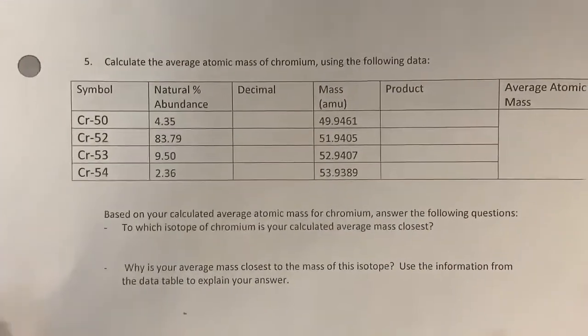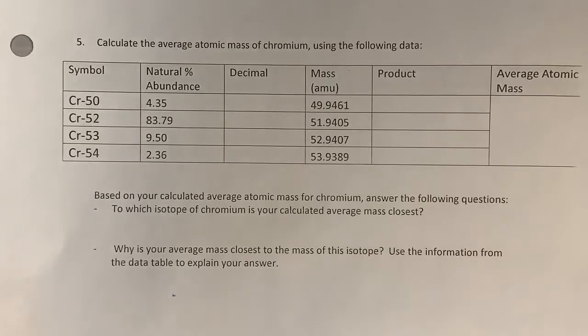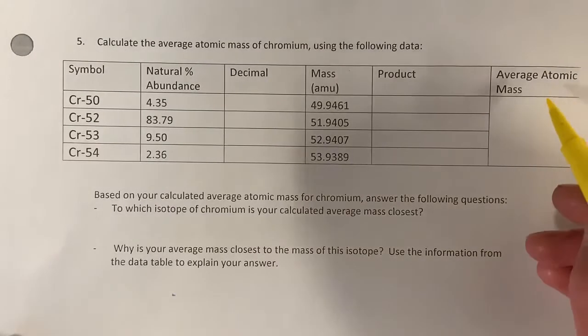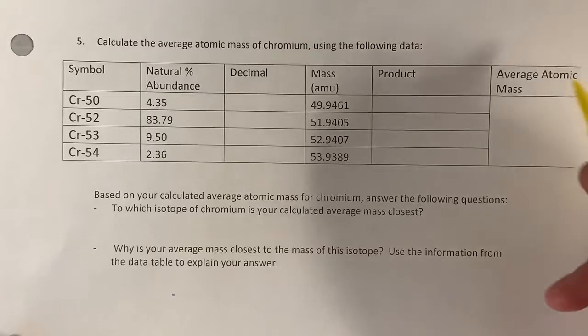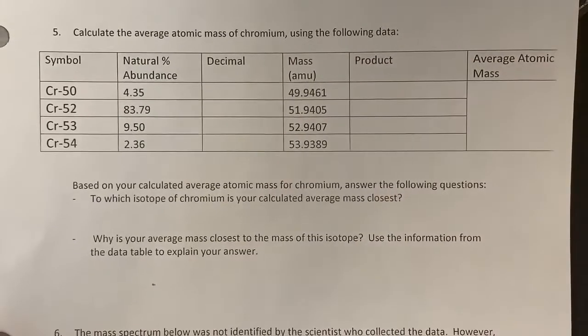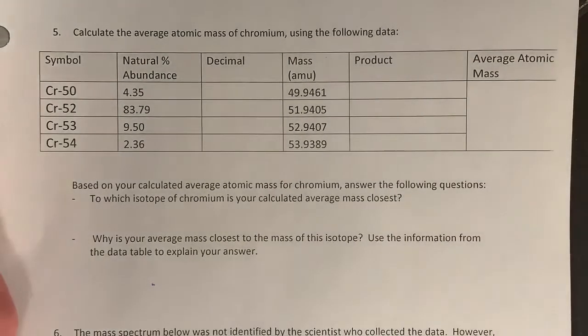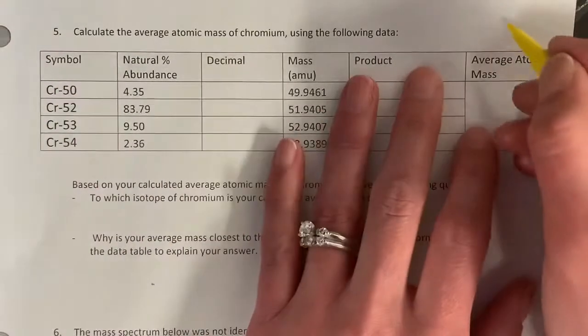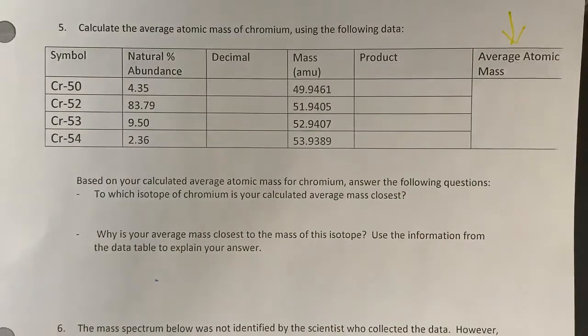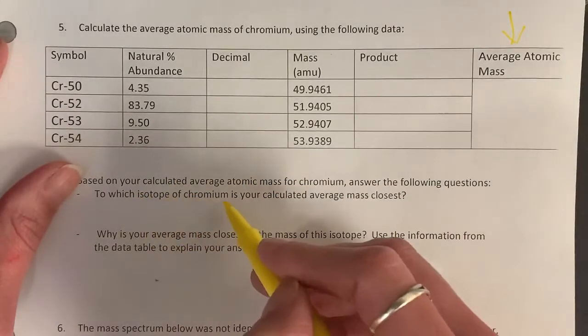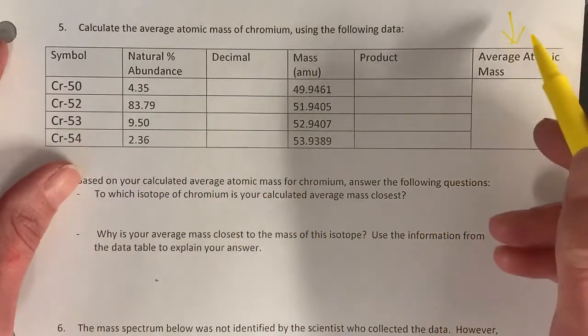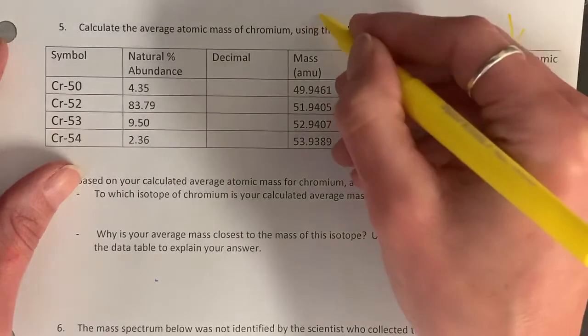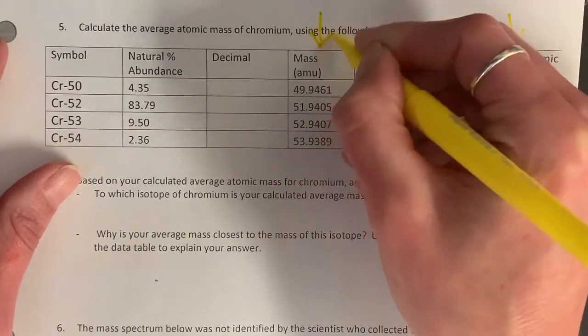Now, when you get to question number 5, question number 5 not only has you calculate the average atomic mass, but they ask a couple questions. So the first one says your calculated average atomic mass, which isotope of chromium is it closest to? So you're going to compare your answer to this column.